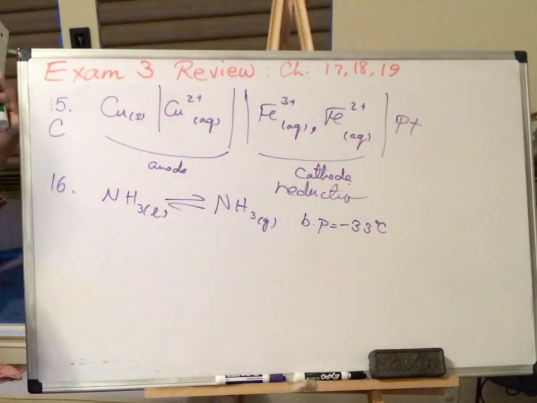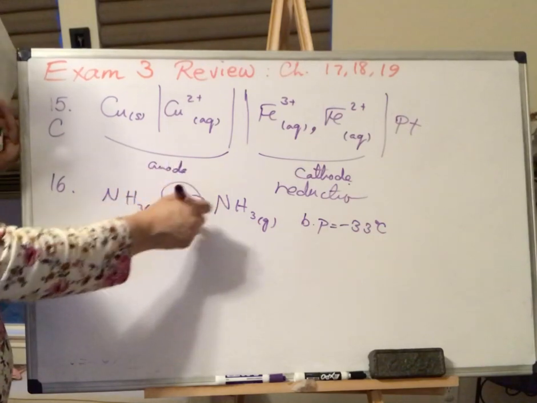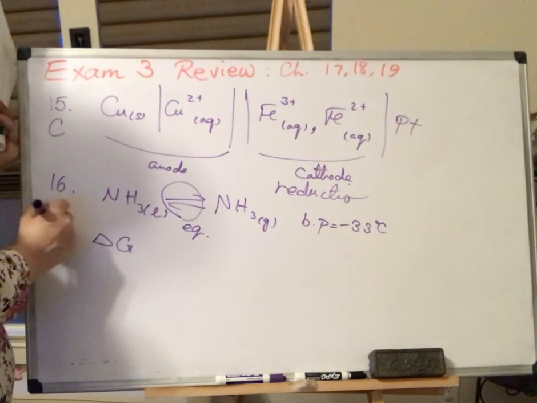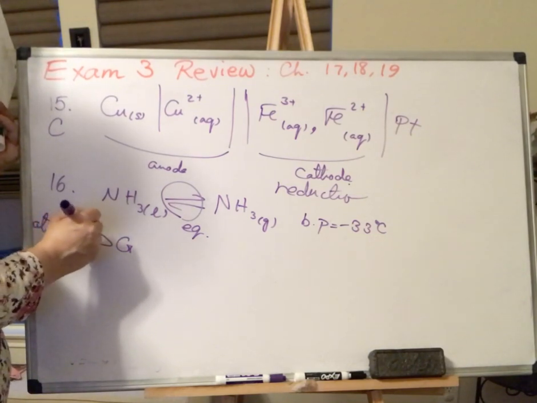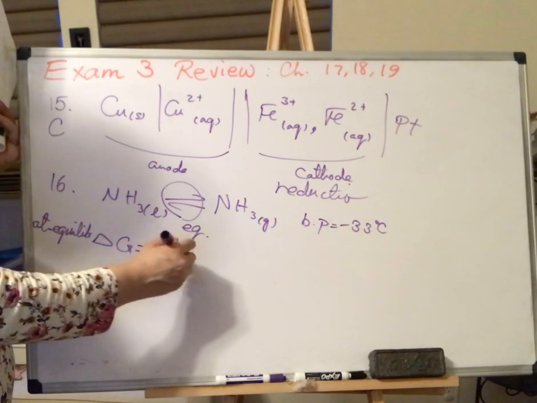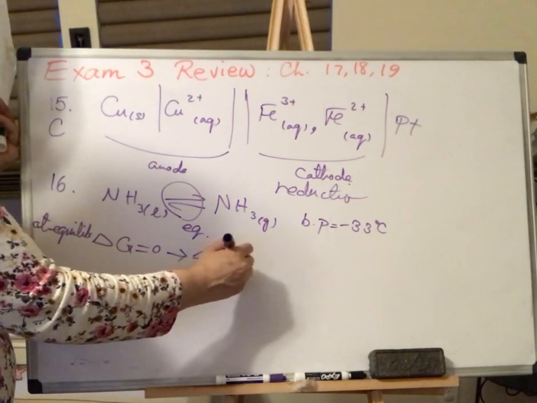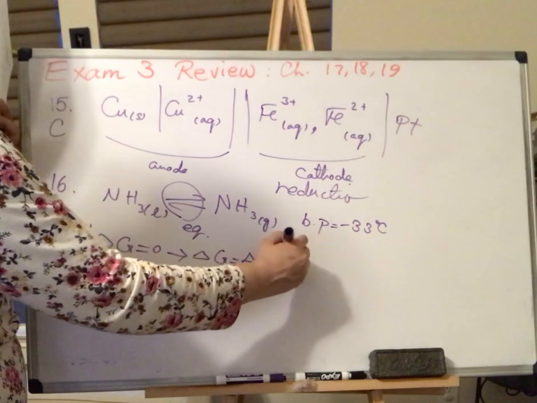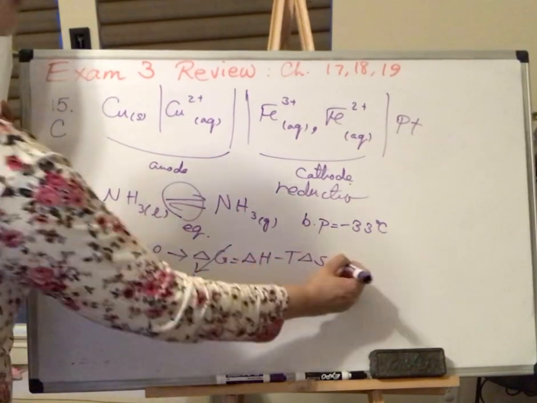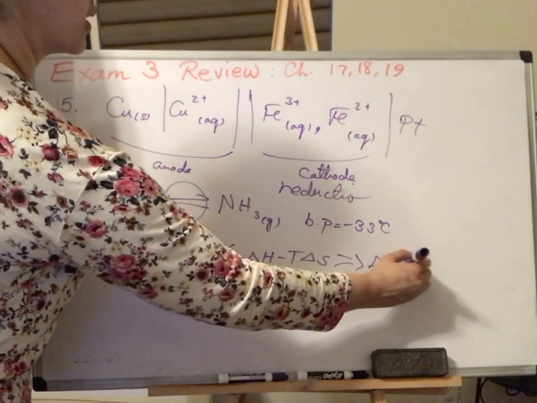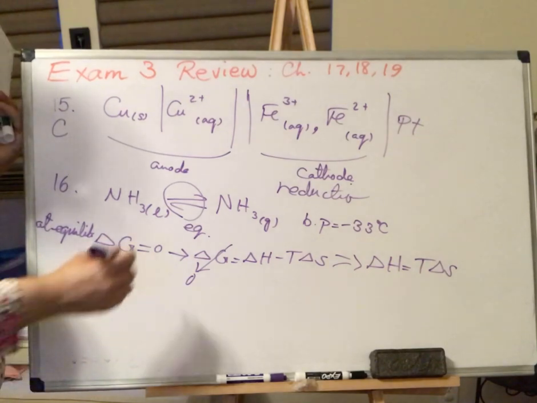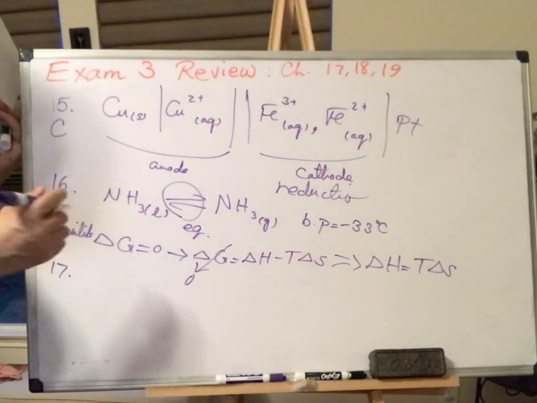So at this point, seems like you have an equilibrium, right? For equilibrium, what is the value for delta G? I'm sure you would say at equilibrium, delta G is 0. So delta G is equal to delta H minus T delta S. This is going to be 0. So delta H is going to be T delta S, and it's given in choice C.